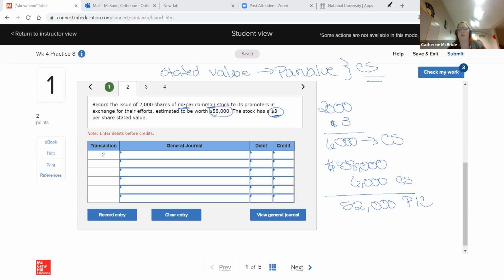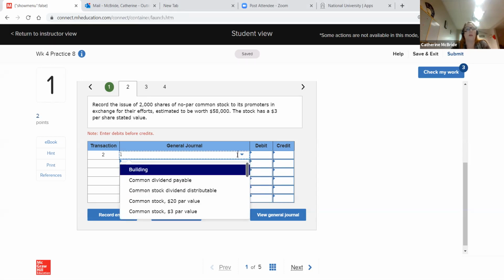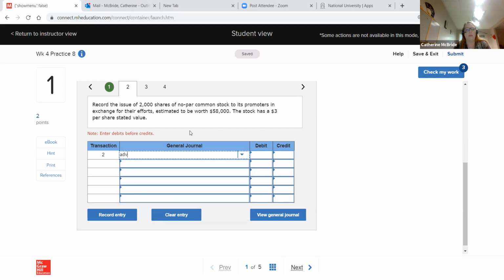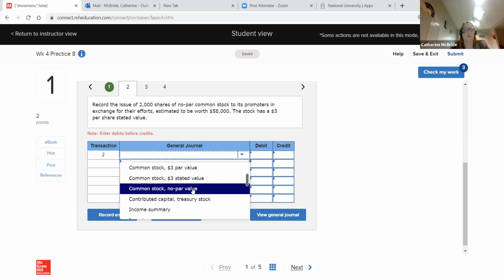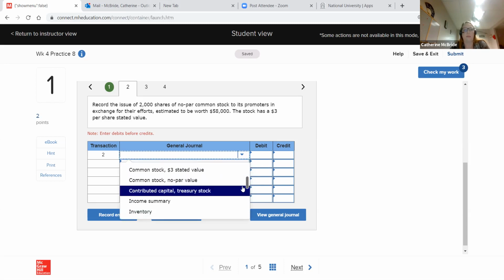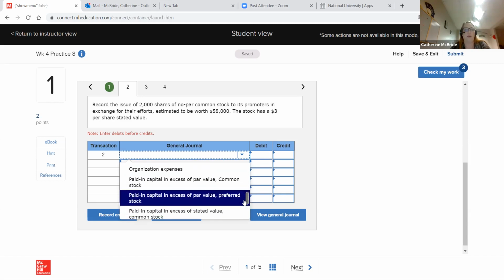Let's try that. So I'm not going to receive cash. Instead, I have, what do they want to say? Not labor, promoters, advertising. See what revenue, what expenses we have.